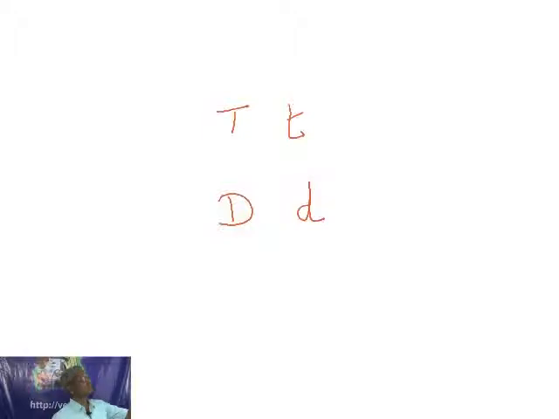D is the first letter for dwarf, and that is written in uppercase, which represents the dominant gene. Tall and dwarf are also represented by other letters, and sometimes in many foreign books it is written by a plus and minus symbol. Normally they don't confuse.